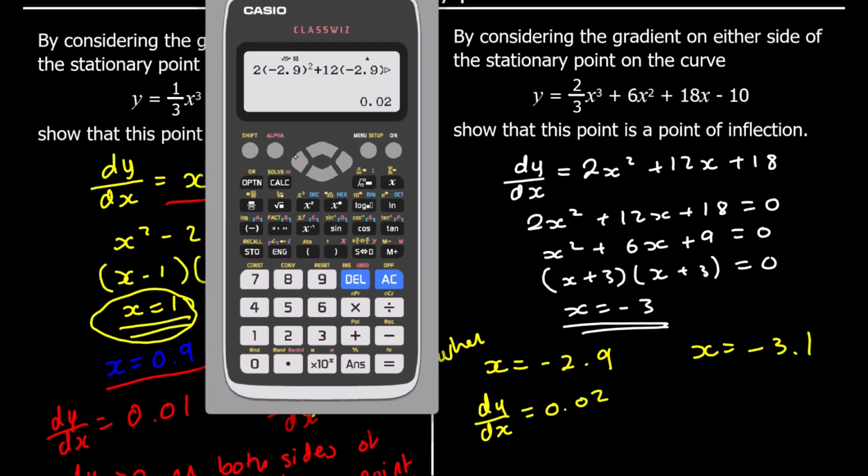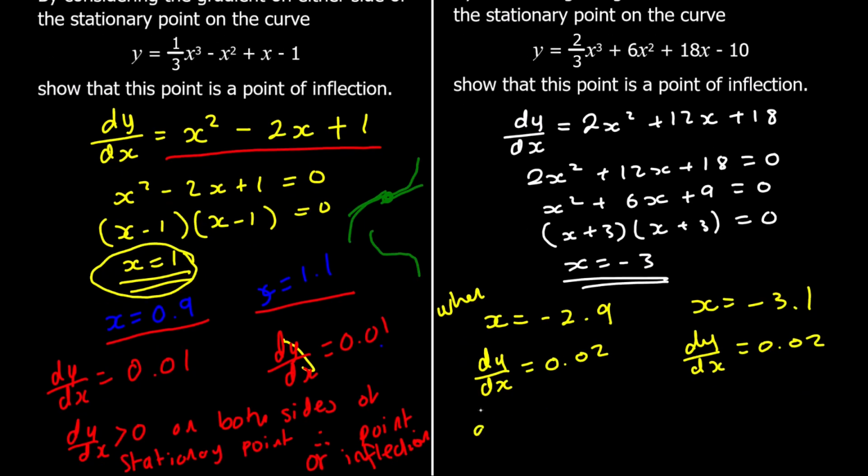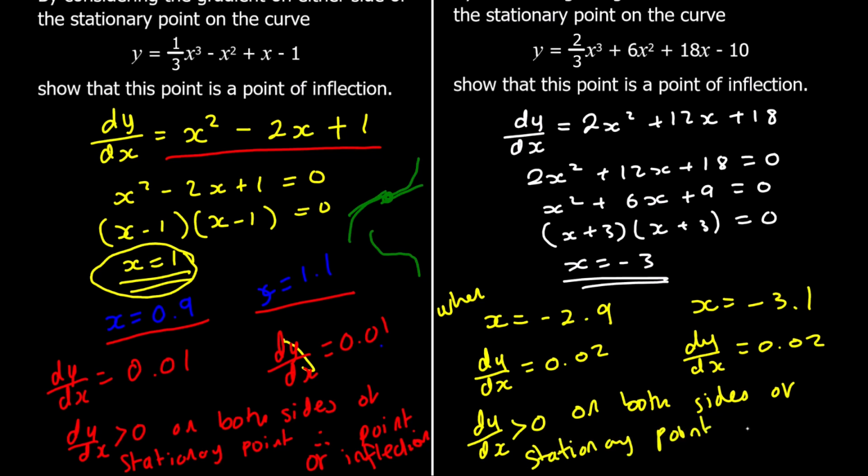And when it's negative 3.1, it's 0.02 as well. So again, the gradient is positive on both sides of the stationary point. Therefore, it is a point of inflection.